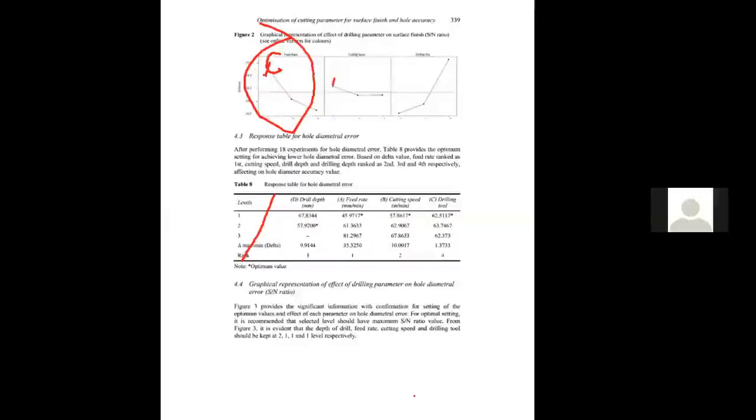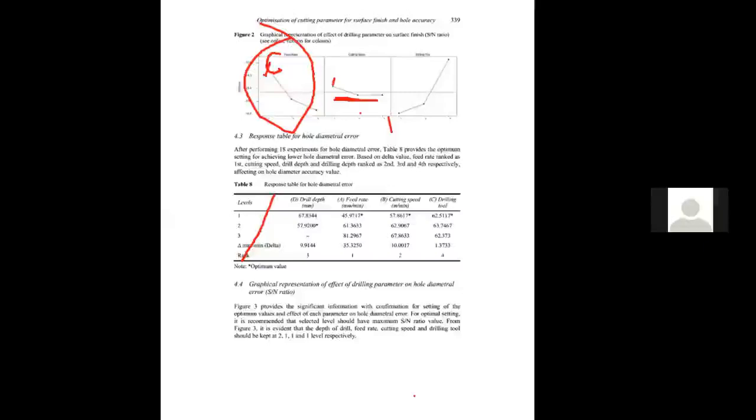Level 2, level 3 are normal. But suppose this line is horizontal, for example, with no deviation, but cutting speed number 1 is 30, number 2 is 40, number 3 is 50.